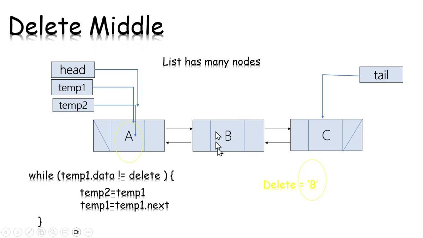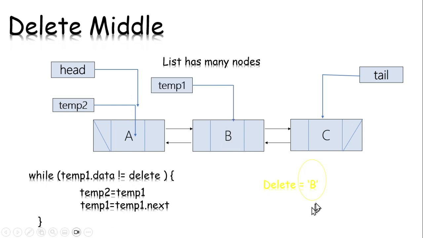Now let's see how to delete B. Temp1 is holding A, so temp1.data will be compared to B. If it's not equal, then temp2 will occupy temp1, which stays there, and then temp1 will go to temp1.next. And now we check again.